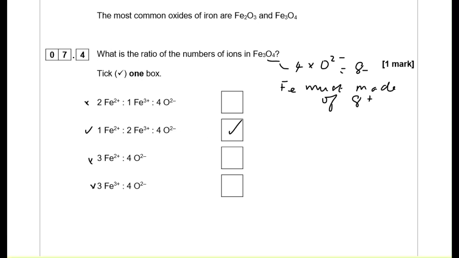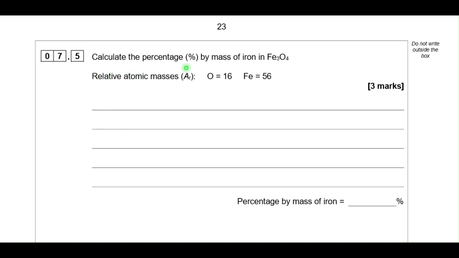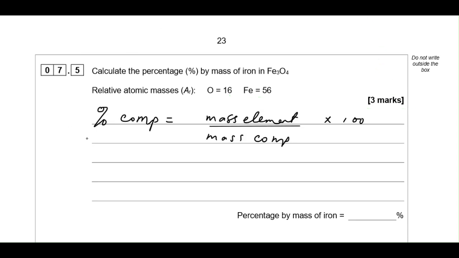Over the page, 7.5. Calculate the percentage by mass of iron in Fe3O4. Relative atomic mass for oxygen is 16, iron is 56, and this is for 3 marks. The formula for the percentage composition is the mass of the element divided by the mass of the total compound times 100.